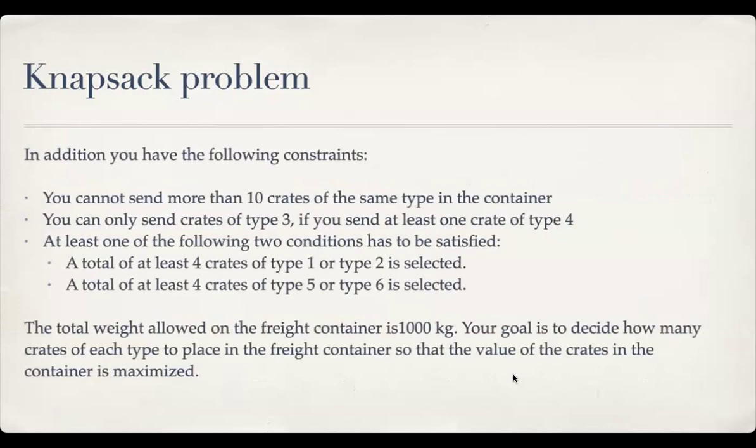Besides, we have the following constraints. First, you cannot send more than 10 crates of the same type in the container. If you choose to ship any type of crate, you cannot ship more than 10 crates of the same type. And the second condition is you can only send crates of type 3 if you send at least one crate of type 4.